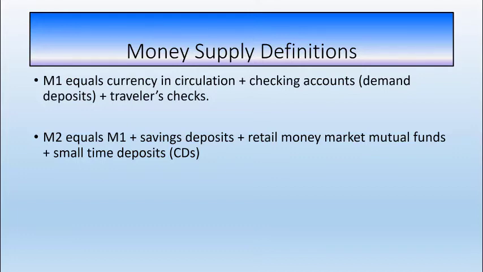You can get your money out early. It may take you a few days, but you'll have to pay a penalty to get it. Those are time deposits or CDs. By the way, there's a third measure of money, and that's called M3. M3 would include M2 plus institutional money market funds and large time deposits. But we're not interested in M3.